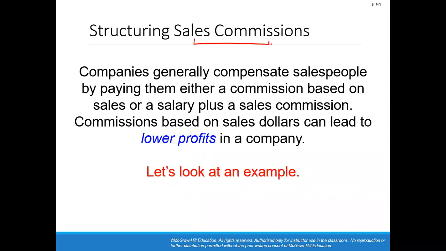Now, if you are a sales manager who receives the sales commission, which one is preferred to you? Fixed sales commission or variable sales commission?